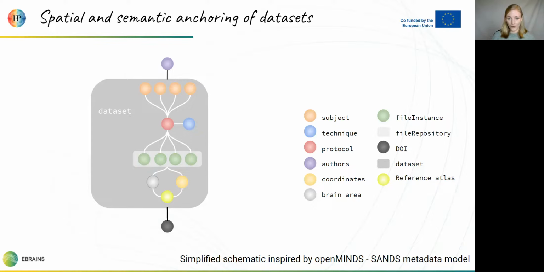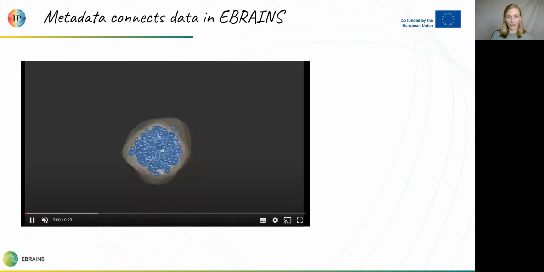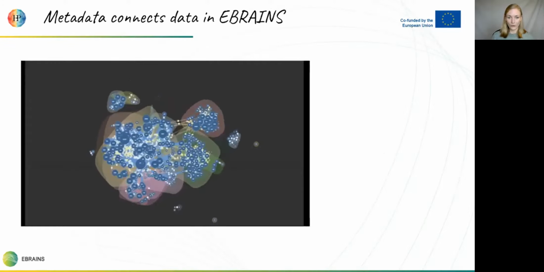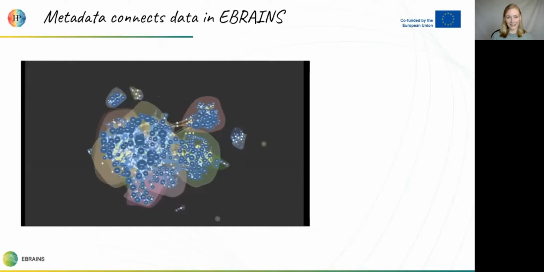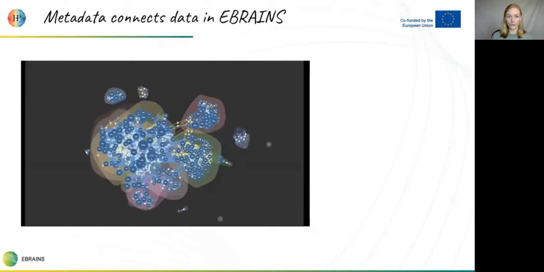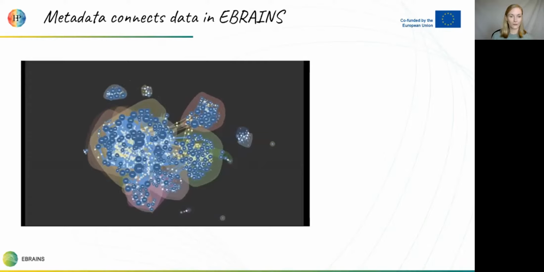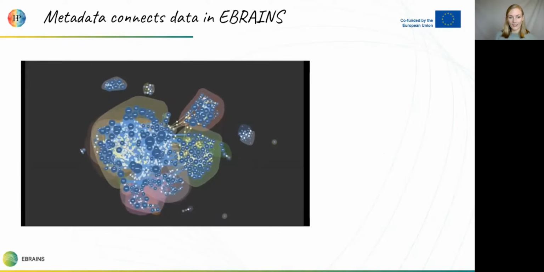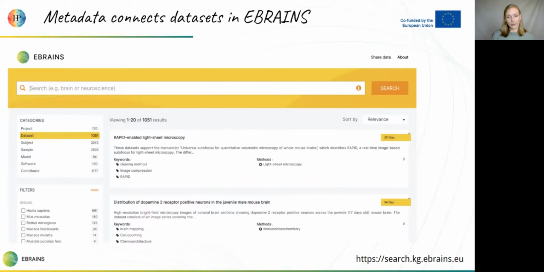As mentioned before, metadata is the foundation of the EBRAINS knowledge graph. Over the years, the network of interconnected instances has expanded and the number of datasets in the knowledge graph has grown significantly.